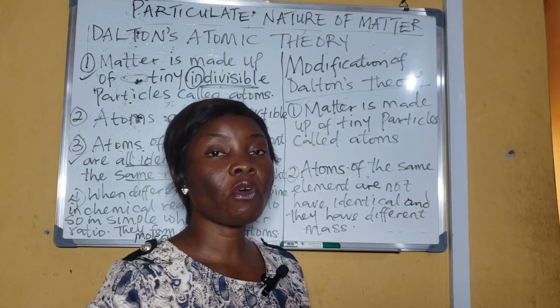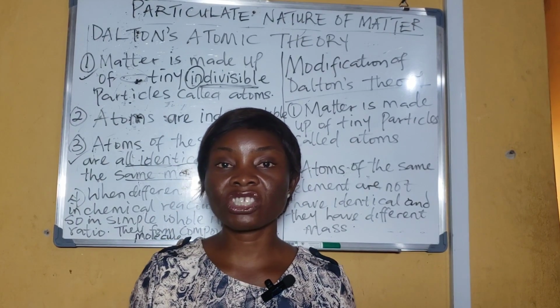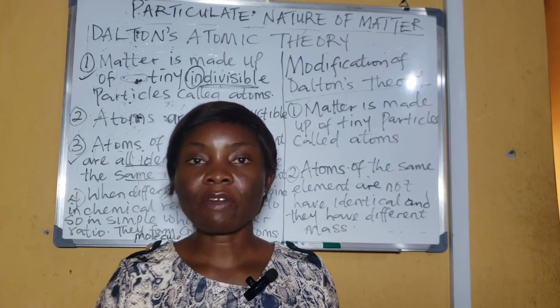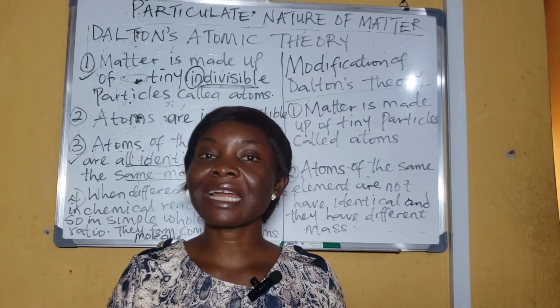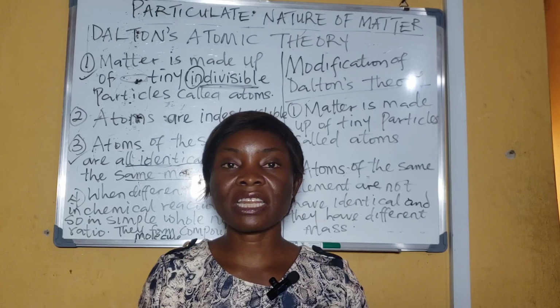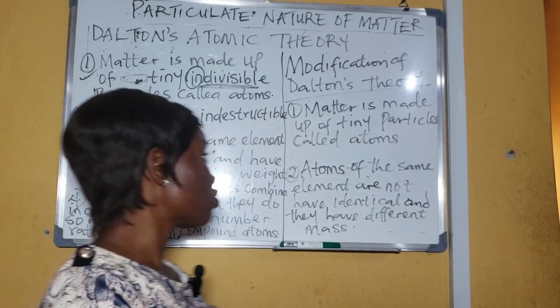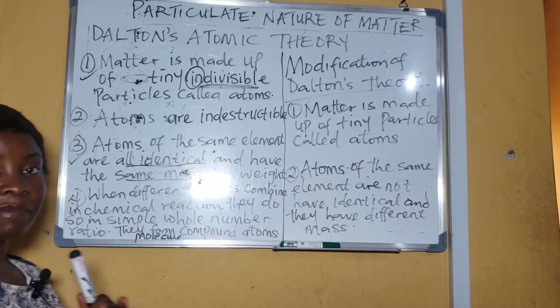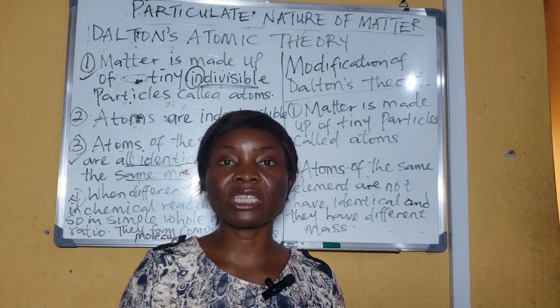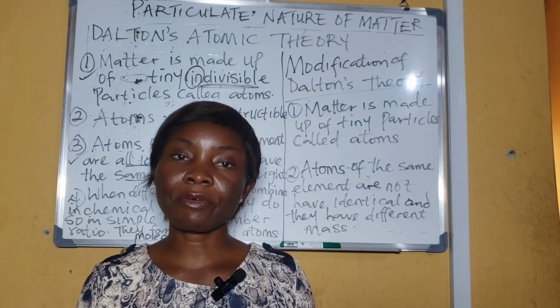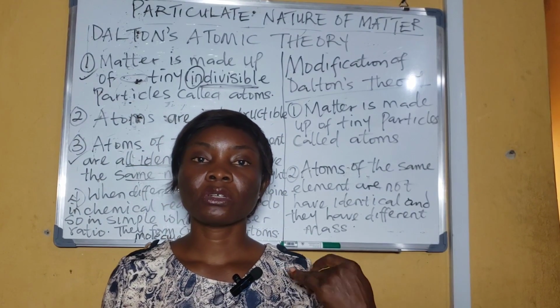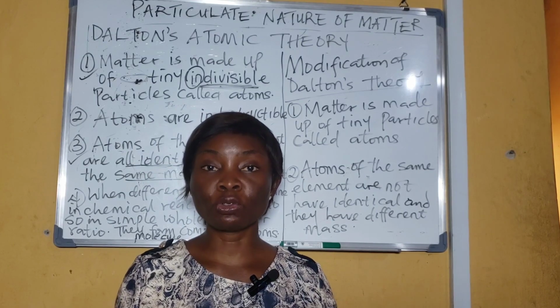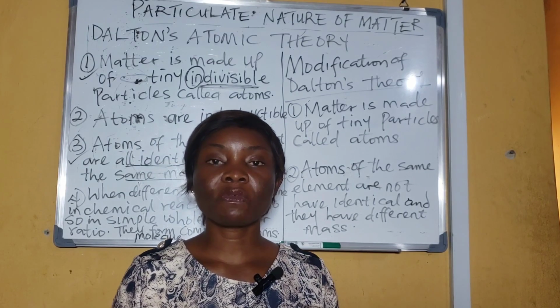For elements like oxygen, we have oxygen 16, oxygen 17, and even oxygen 18. These are the masses. The atomic number is the same, it still remains 8, but the masses vary because of the differences in the neutron number in each of the atoms.